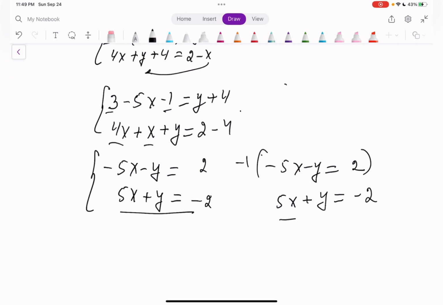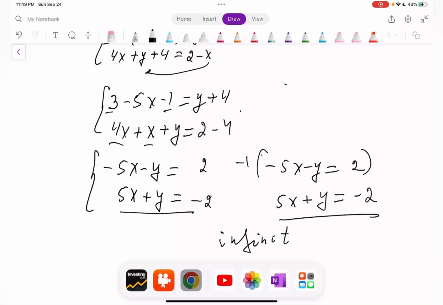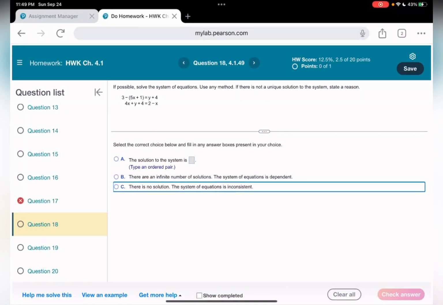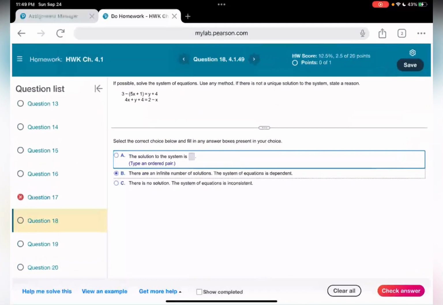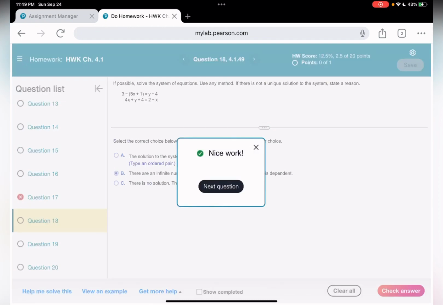See here? Which means it's going to be an infinite amount of solutions. There we go. Okay.